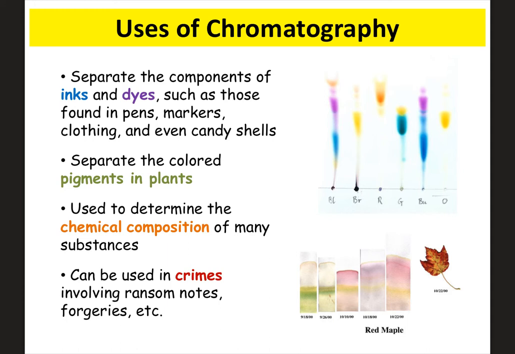It can be used to determine the chemical composition of different substances. And in forensics, we use it in a lot of crimes that might involve ransom notes or forgeries, because you can use it to separate out different pigments. You might be able to figure out which pen or which marker was used in the writing of the ransom note or the forgery. So it definitely has a lot of uses.